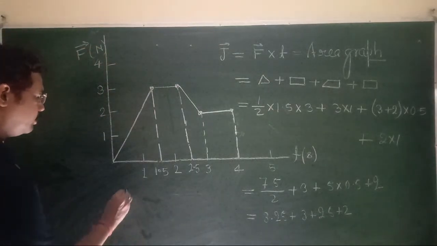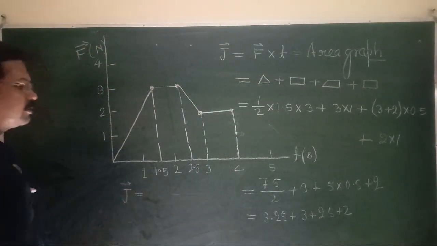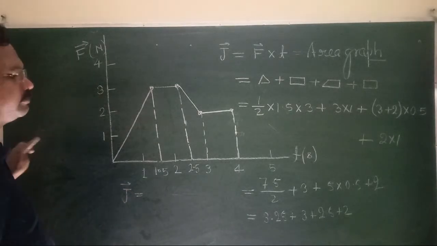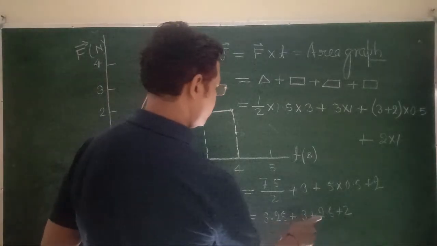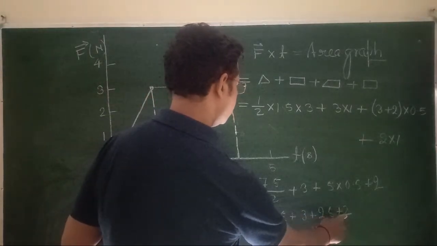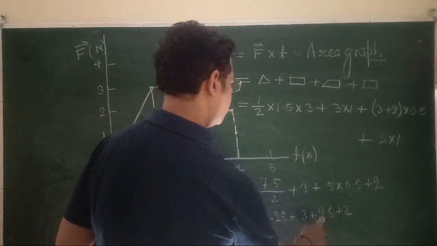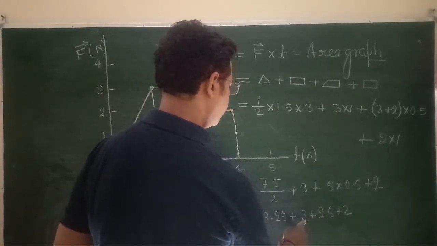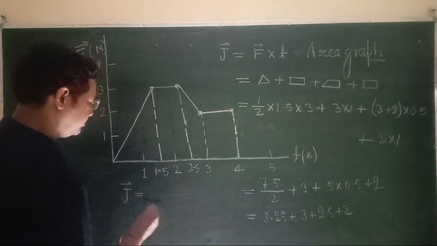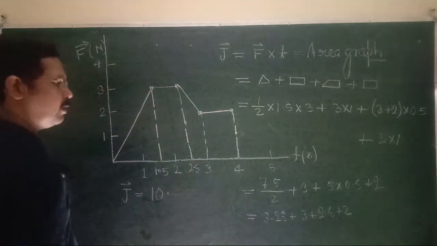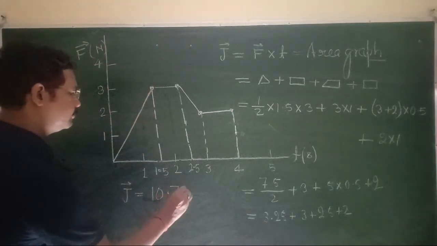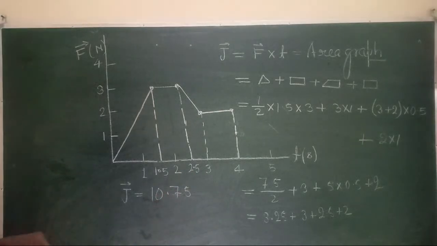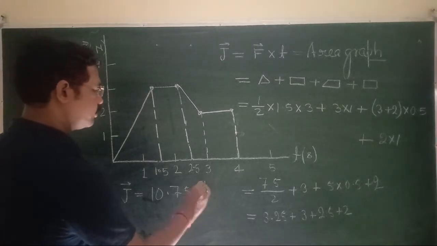So impulse is here how much? Impulse is here 2, 2, 4, 3, 7, 3, 10. 10 plus 7.5. This is the impulse. Newton second.